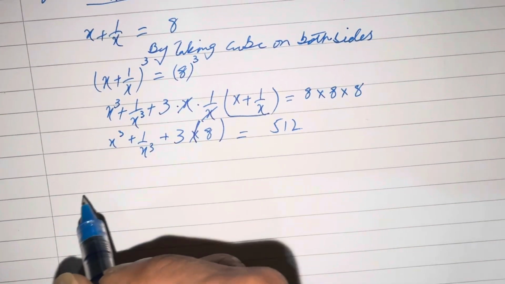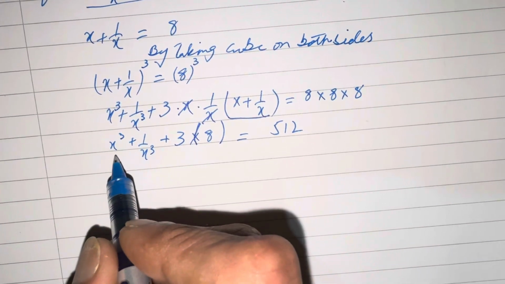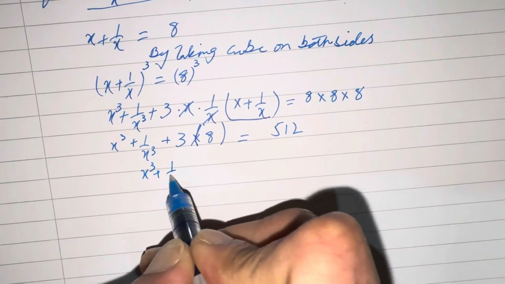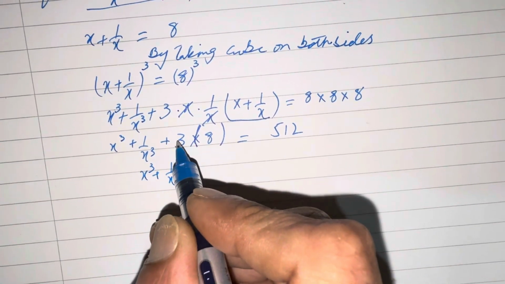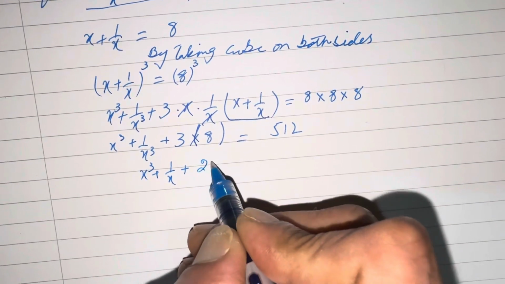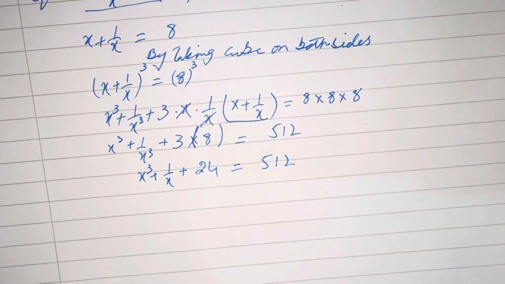So next step, x cube plus 1/x cube उसी तरह आ जाएगा, plus 3 8's are 24 is equal to 512.